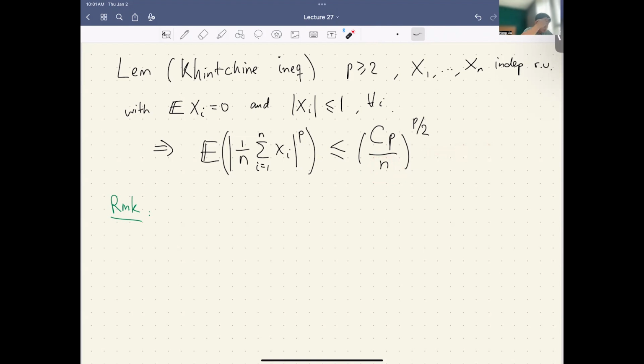So this is saying this is the average, which is this random variable.